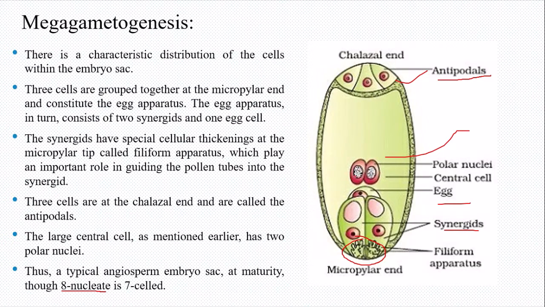So this counts as only one single cell. So there will be a 7-celled structure in the embryo sac.